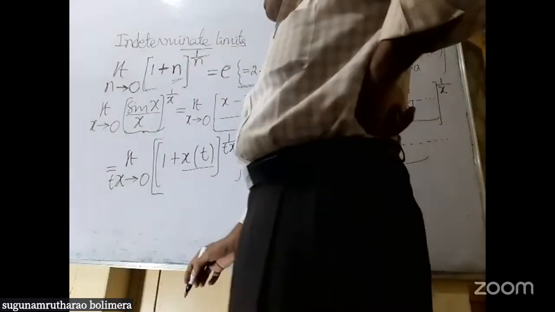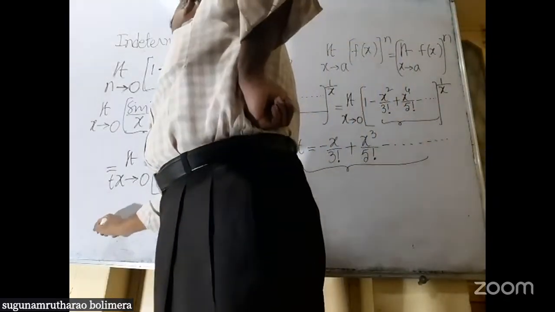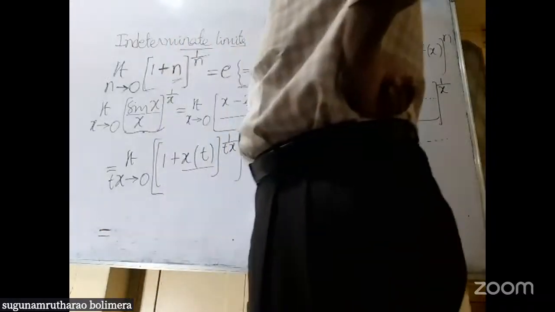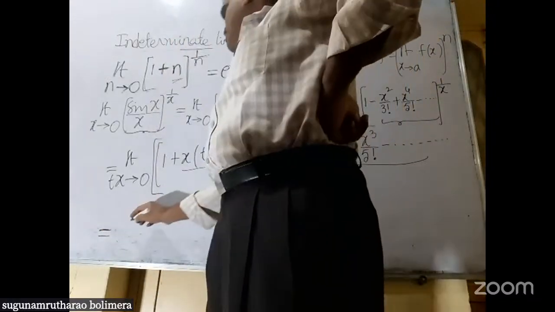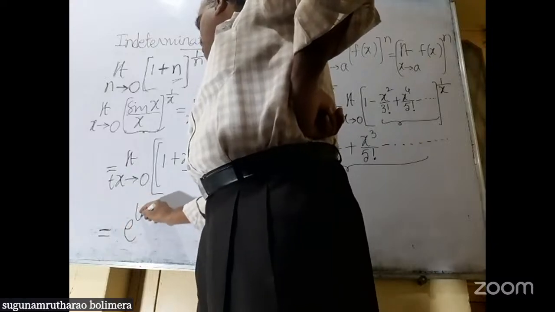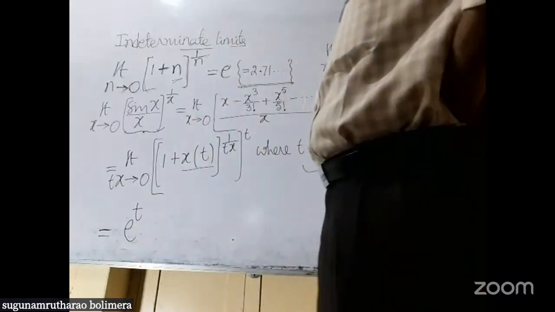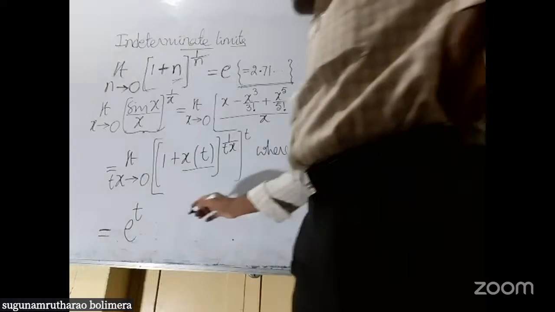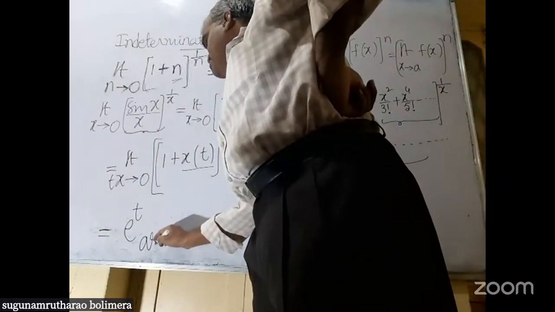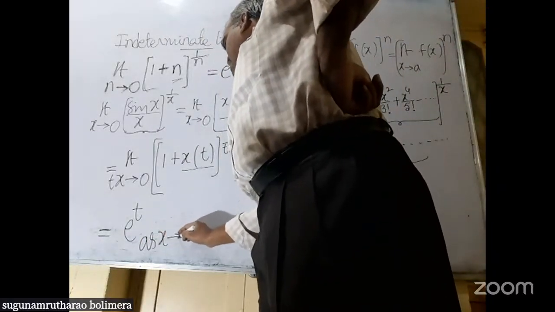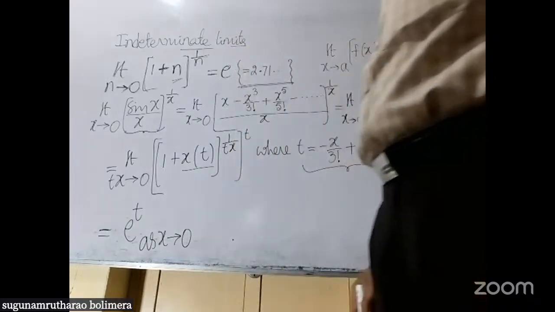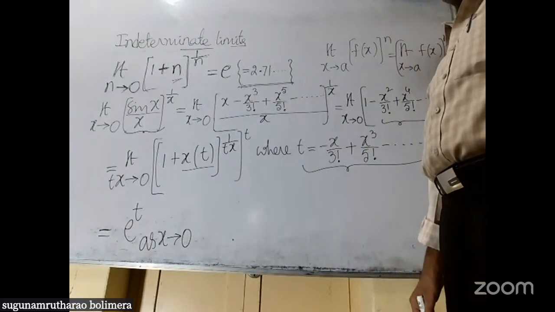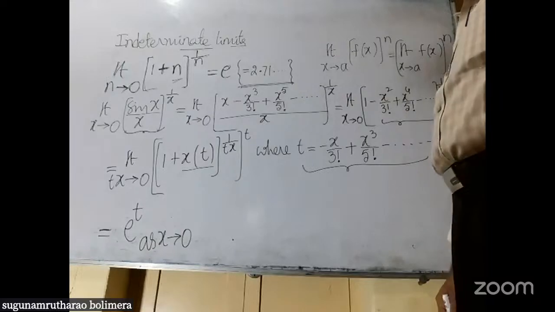So this is equal to e power t as x tends to 0.